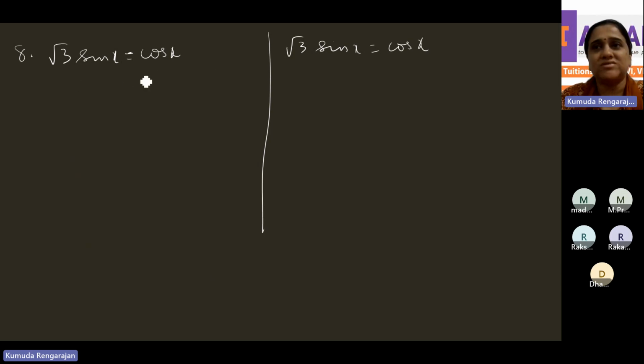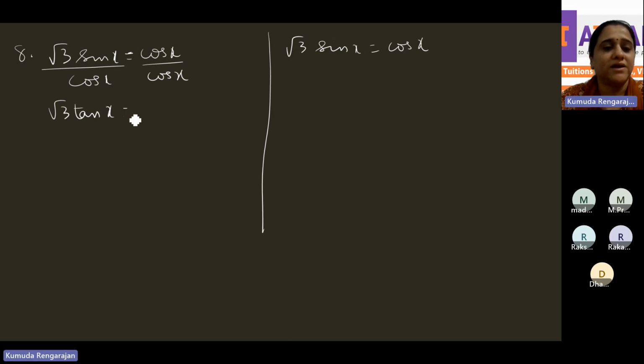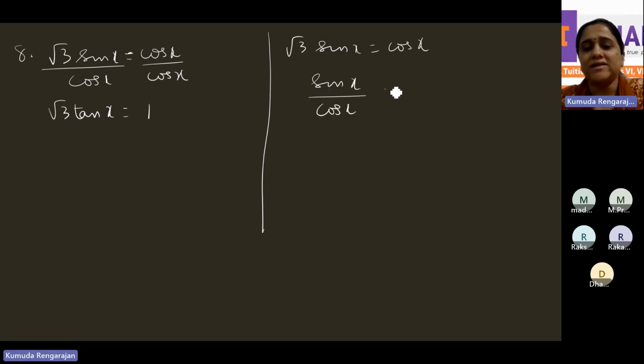Like you can divide both the sides by cos x. If you divide both the sides by cos x, what will you get? Root 3 tan x is equal to 1. Or why do all that? This cos x itself you can bring for division here. And this root 3 will come here as what? 1 by root 3. Correct? Because it's root 3 by 1 here. So it will become 1 by root 3 on the other side.